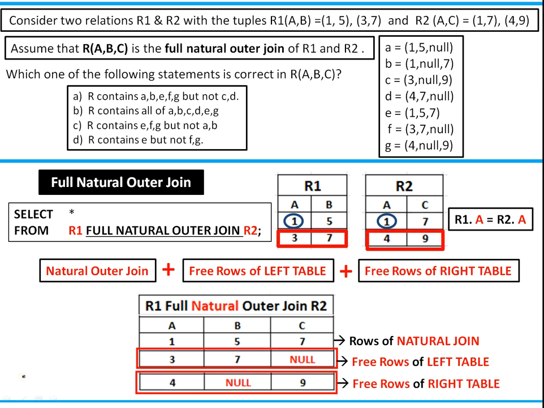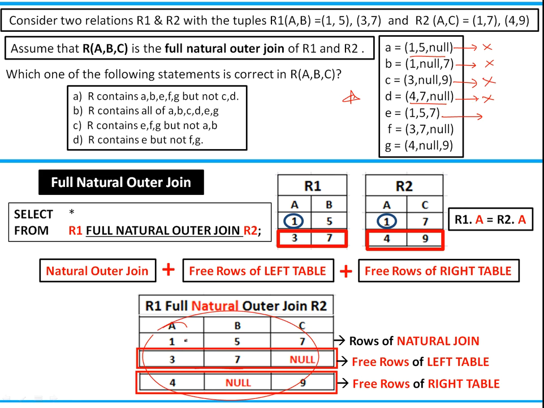Now the question. Among these 8, which one is available? 1, 5, null, do you have this? No, null is not there. 1, null, 7? No. 3, null, 9? No. 4, 7, null, do you have anything like this here? No. Do you have 1, 5, 7? Yes, I got it.